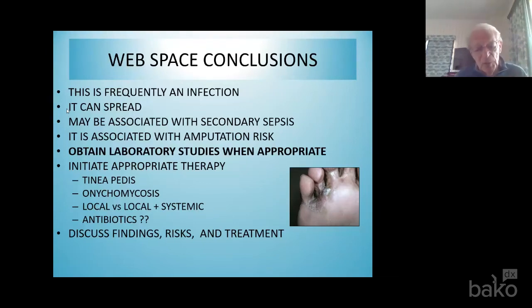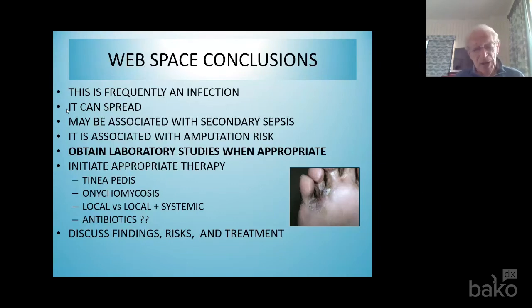This will, number one, help you from a liability standpoint, but more importantly, it helps you because the patient now understands, if you explain it correctly, why they need to follow through with this therapy and monitor the response to that therapy.